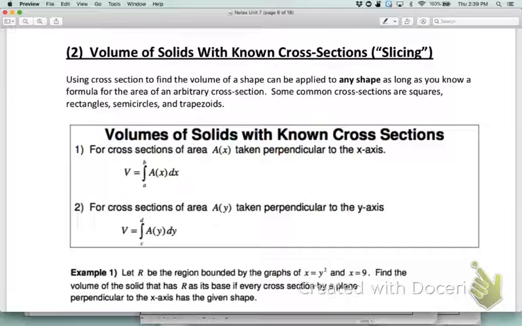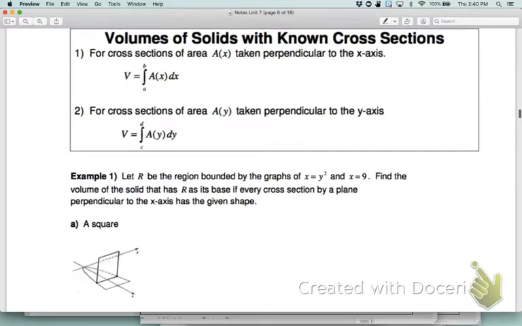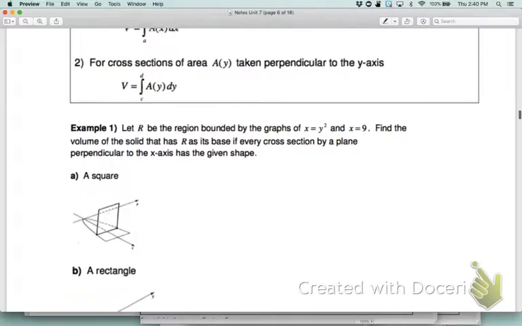Some common cross-sections, this is where your area formulas are going to come back into play, would be things like squares, rectangles, semicircles, trapezoids, triangles. Obviously, all of these shapes are going to be things that you'll need to be able to find the area of. Now, to help you visualize this before we really start talking about the calculus, here's an example. We'll come back to the definition in a second.